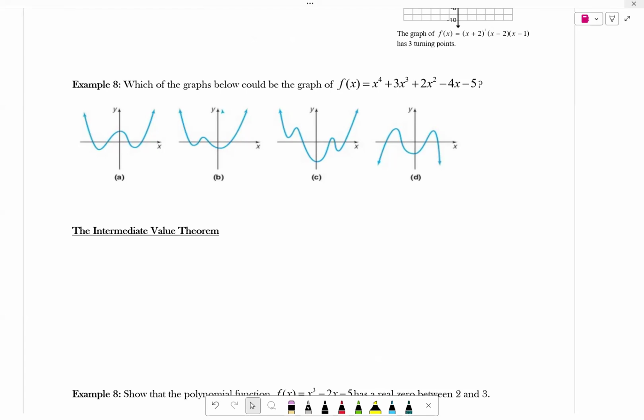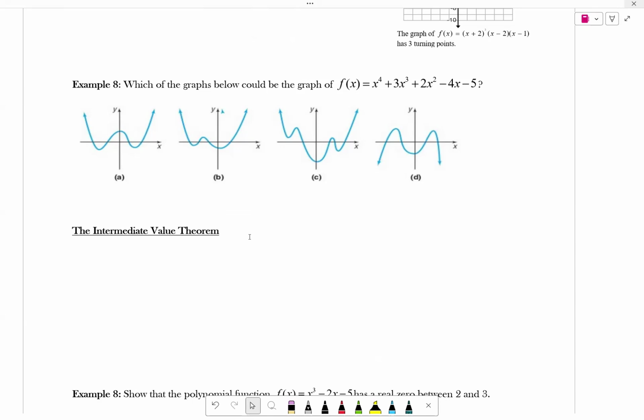Do you think it's the first, second, third, or fourth graph? Which one is most likely? Use your fingers: first, second, third, or fourth. So A, B, C, D. Take a look around and see what other people are thinking.